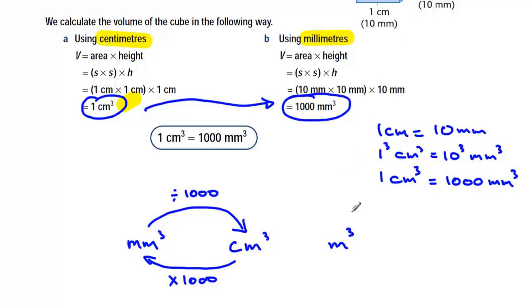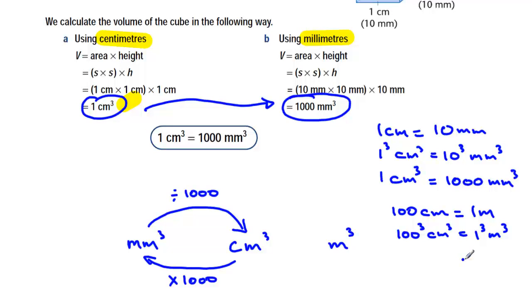Now, what about this cubic metre here? Well, let's remember that there are 100 centimetres in 1 metre. So that would be 100 cubed centimetres cubed in 1 metre cubed.